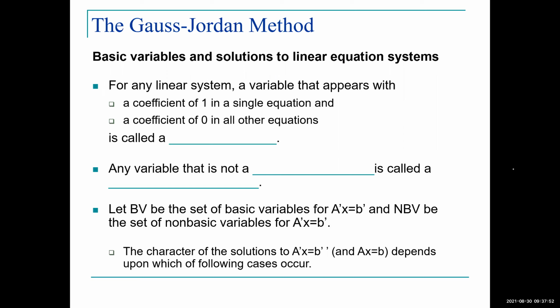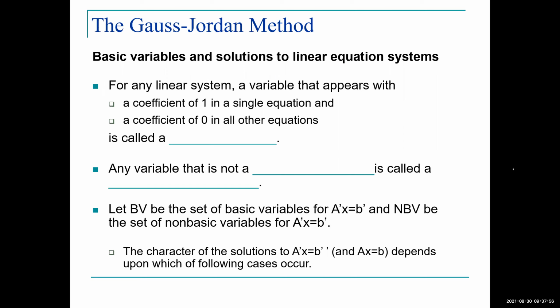For any linear system, a variable that appears with a coefficient of 1 in a single equation or a single row, and a coefficient of 0 in all of the other equations or rows, is called a basic variable.